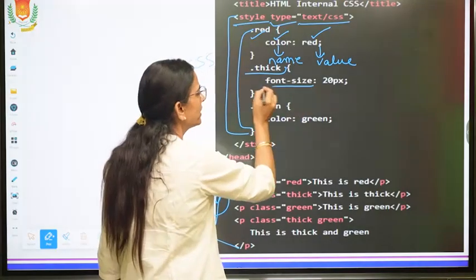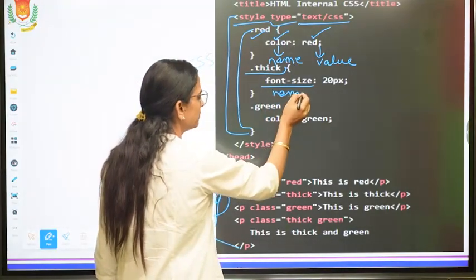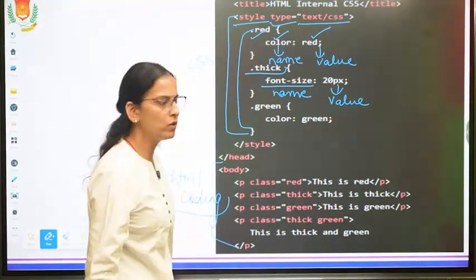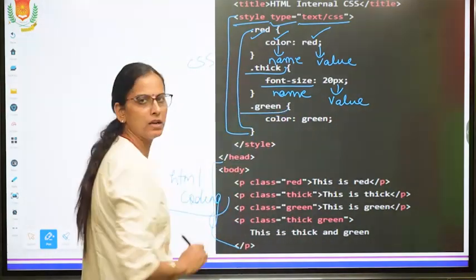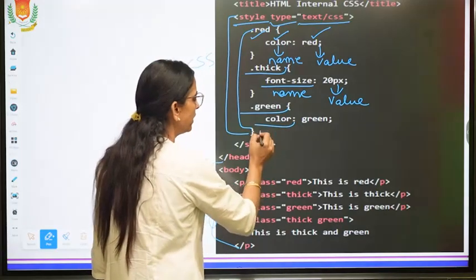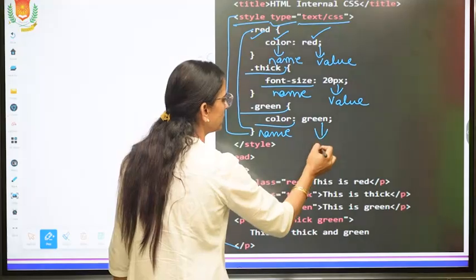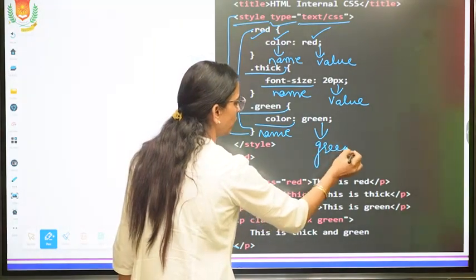Font size is the name and this is the value. Third, we have taken another class. This is the name of the property and this green is the value.